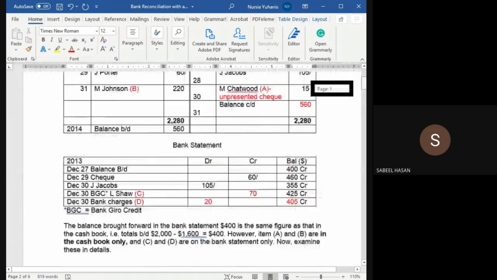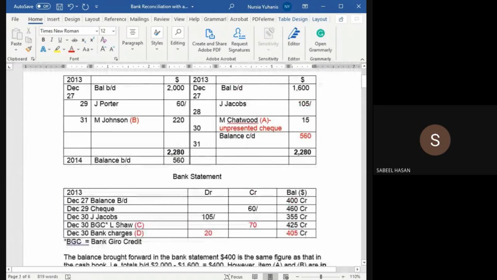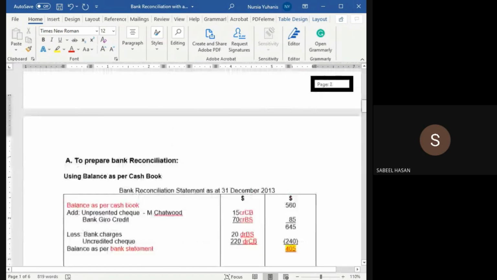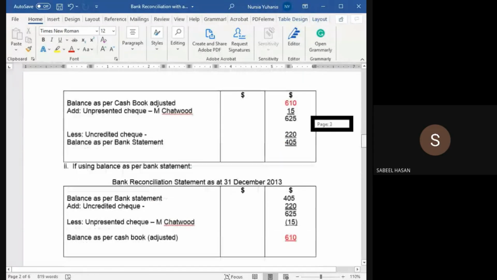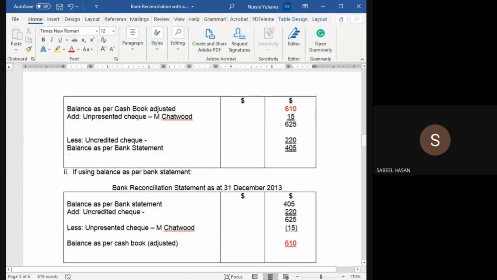The original one is here, 560. So if you add and minus the items from the bank statement, the new balance c/d for the adjusted cash book will become 610. That is if you start with your balance in the Cashbook.